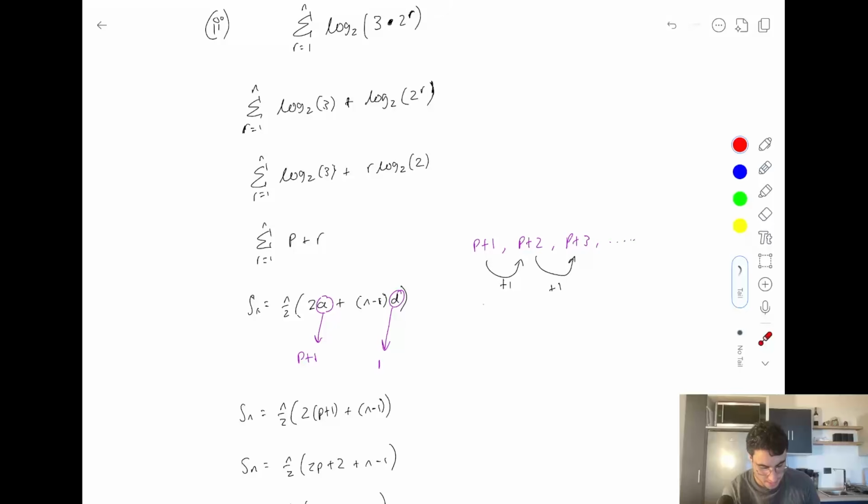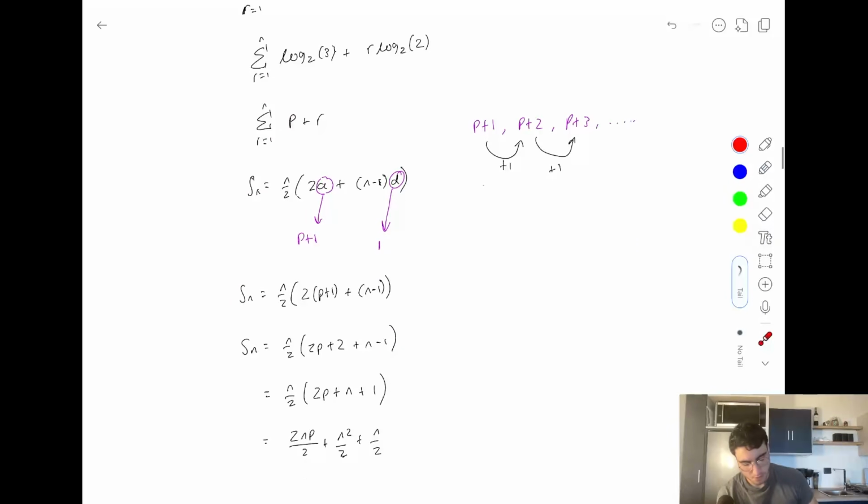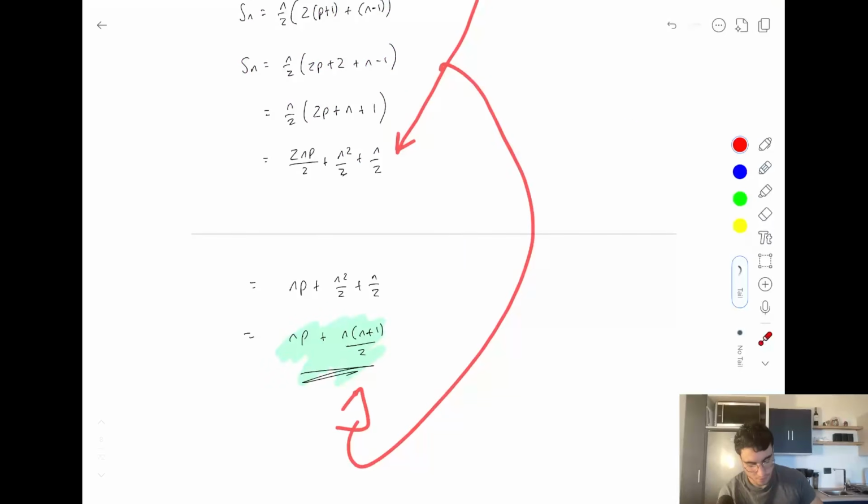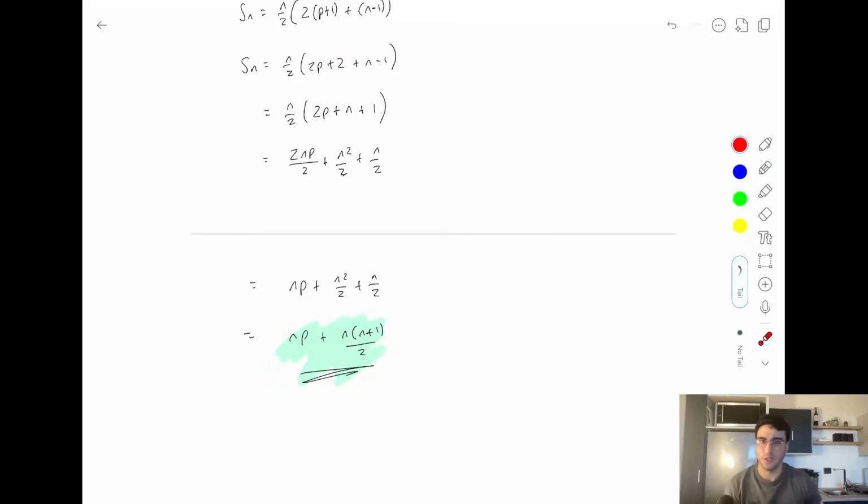We know that a is p plus 1, that's our first ever term. Just plug that in here. Why does that even matter? Because the sum of n is what this is. Plug everything in, simplify, and we get this as your final answer.